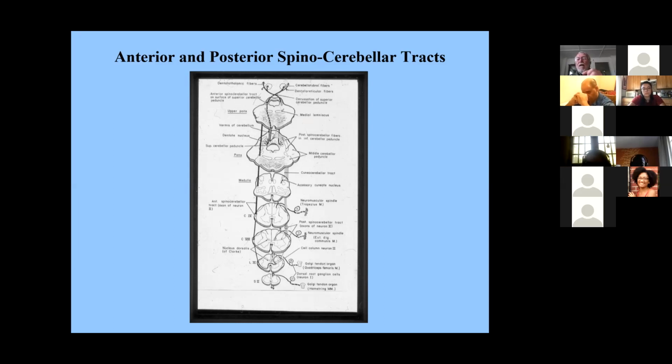Now that we've covered a number of these ascending tracts, you will realize it contains three different pathways: the anterior spinothalamic tract, the lateral spinothalamic tract, and the anterior spinocerebellar tract. All of them traverse the anterior white commissure.